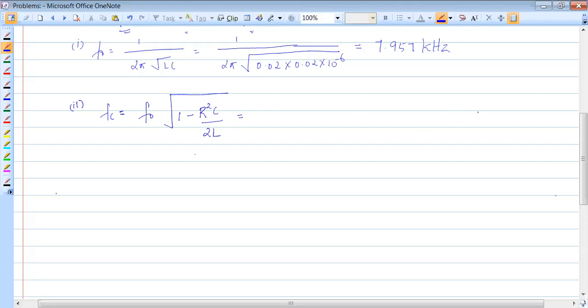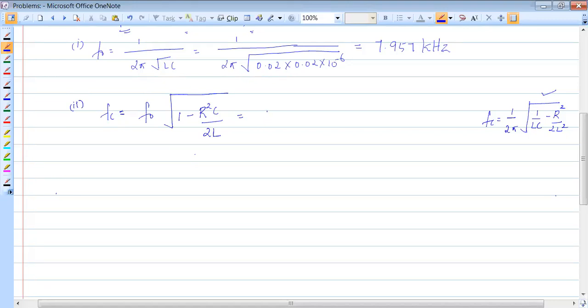You can use another equation, that basic equation that we had got, that is FC equal to 1 by 2 pi times square root of 1 by LC minus R squared by 2L squared. You can use this or this, you should get the same. Show the substitutions and get me the answer.